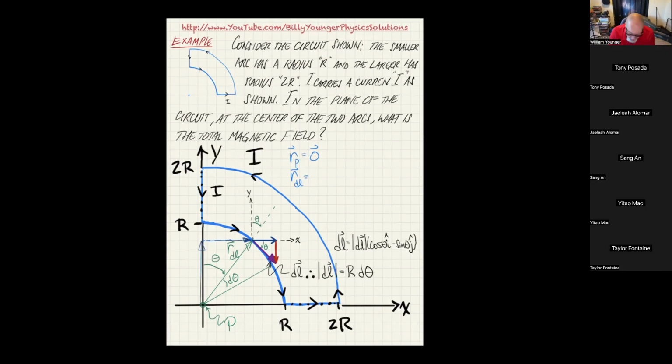So can anybody agree with me when I say that the x component of R DL is big R times the sine of theta? Anybody agree with that? R sine theta, thank you.